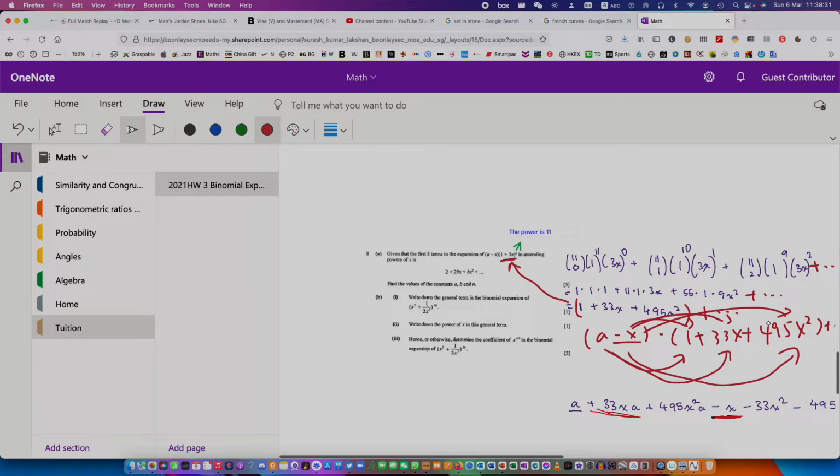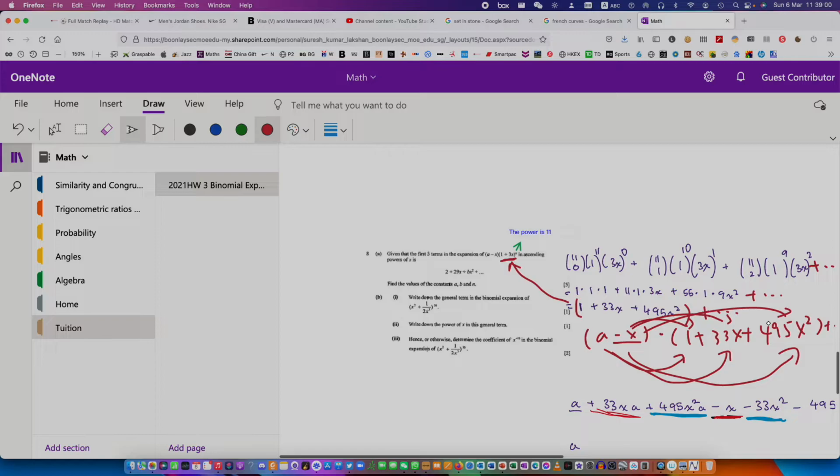I want you to group them, meaning you take the x out. So you take the x out. What do you get? And later you will understand why you need to group them instead of just rearranging.